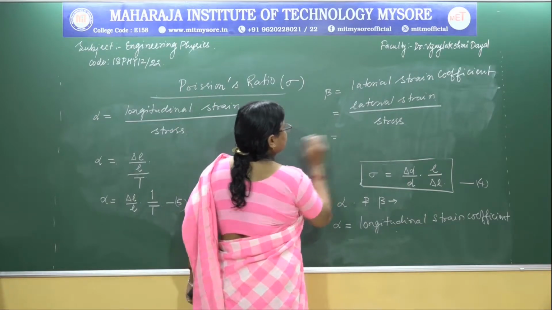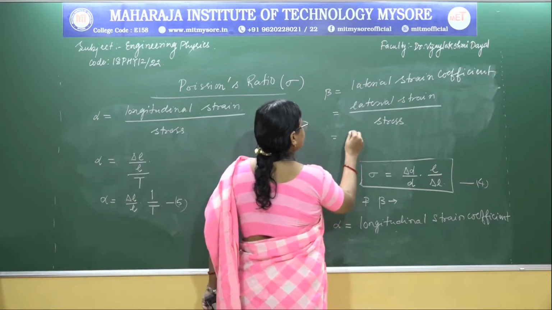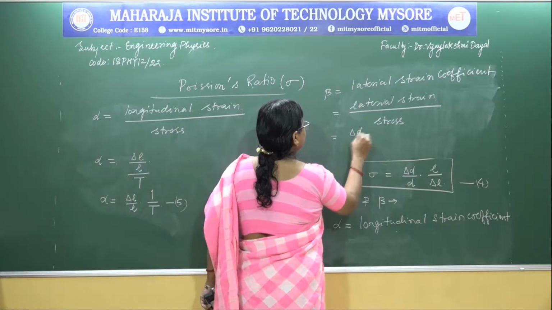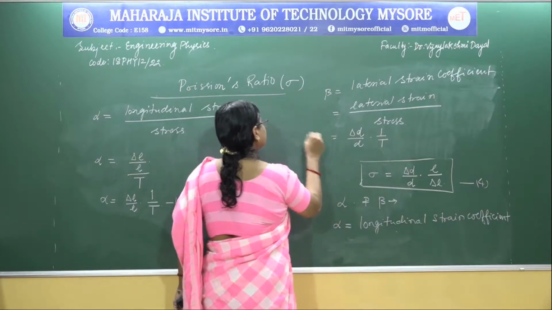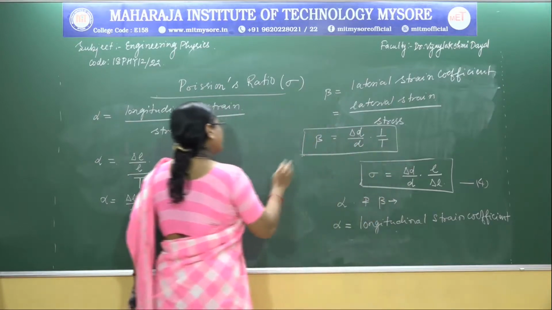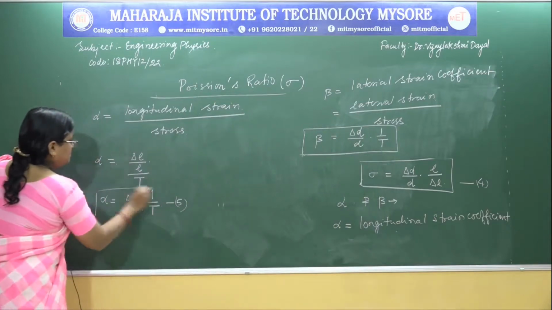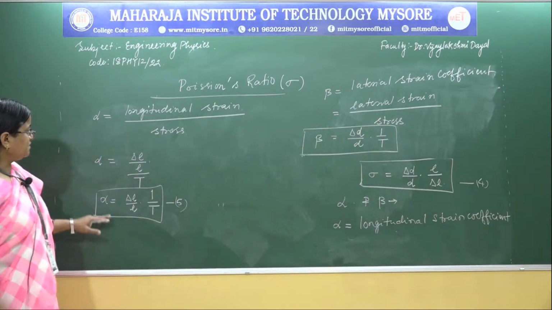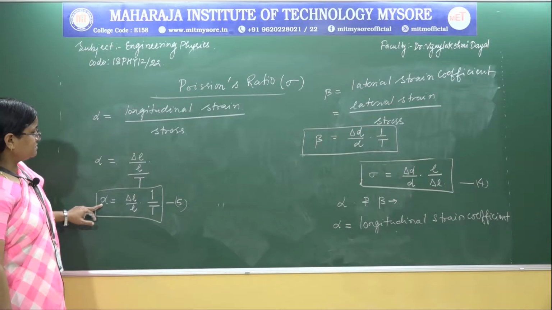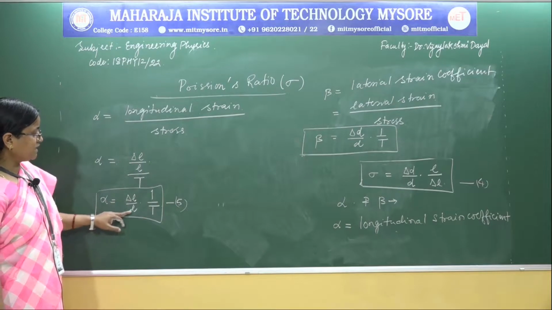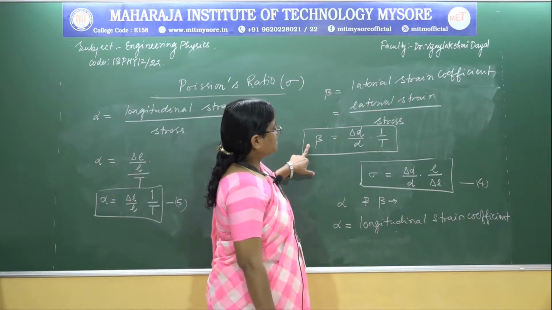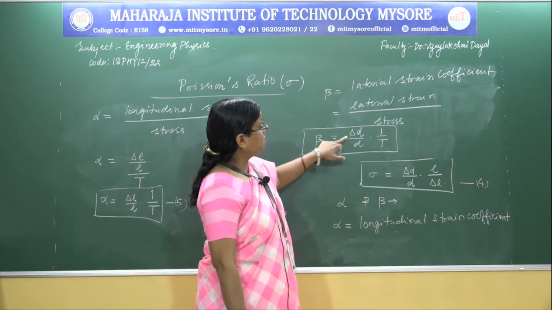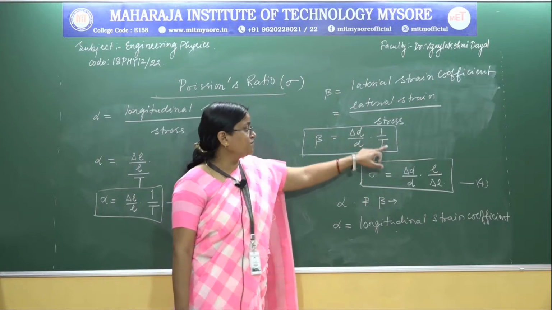So this equation we can write as delta D by D into 1 by T. So the longitudinal strain coefficient alpha is delta L by L into 1 by T, and the lateral strain coefficient beta is equal to delta D by D into 1 by T.